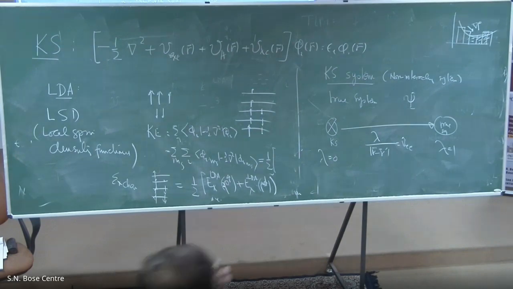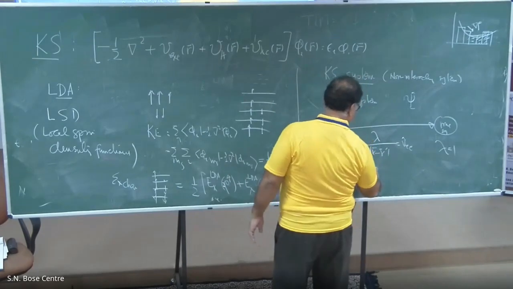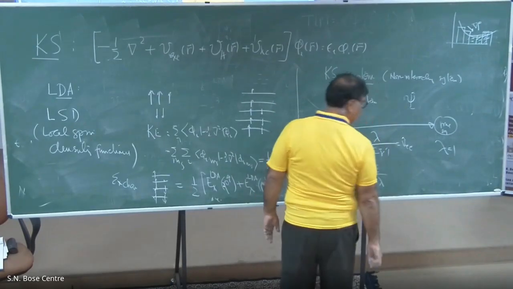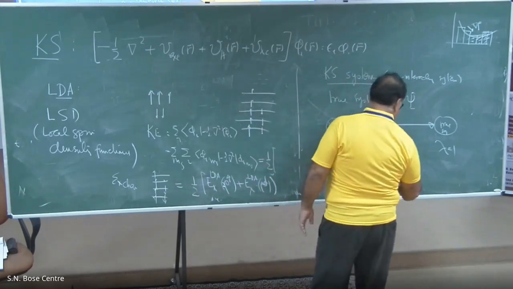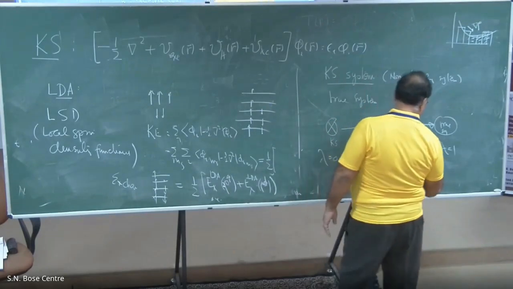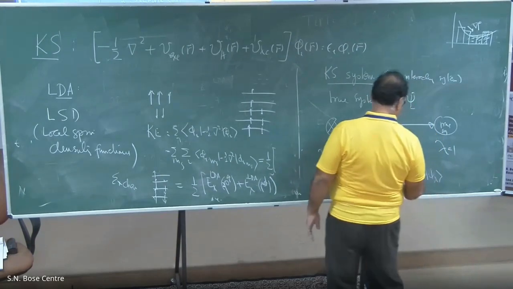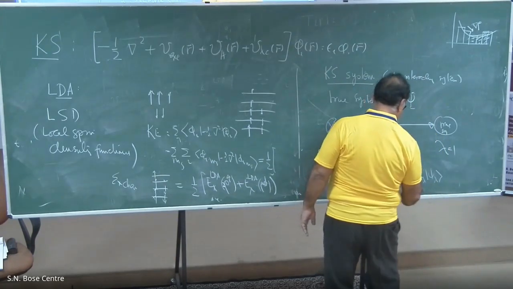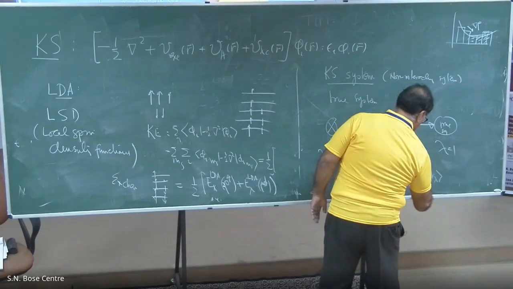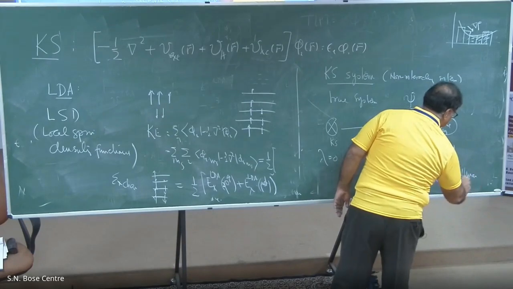I can say I start from this system, which is the Kohn-Sham system, and at any point along the path, dE by d lambda is equal to the expectation of the Hamiltonian for that lambda, psi lambda, H lambda derivative, psi lambda.